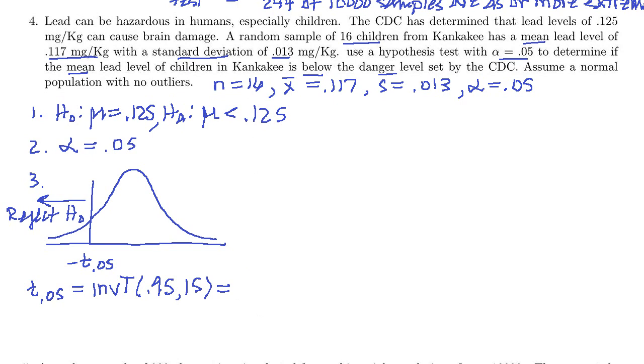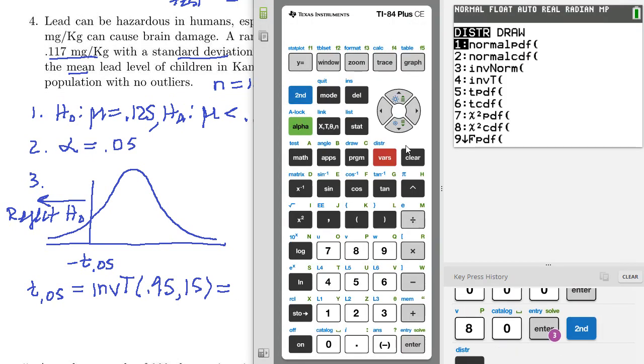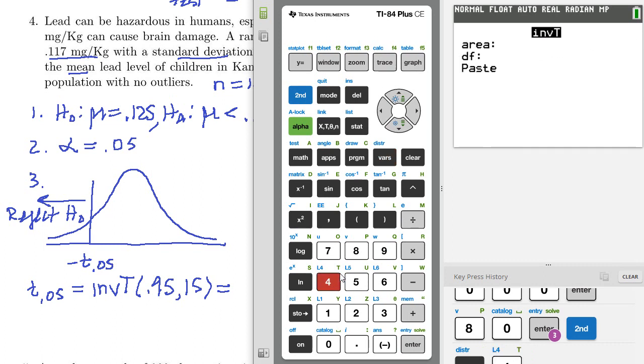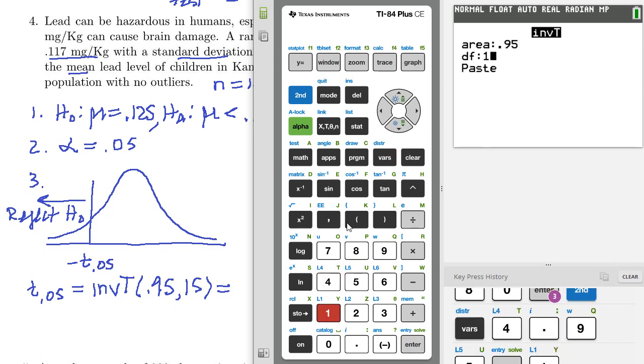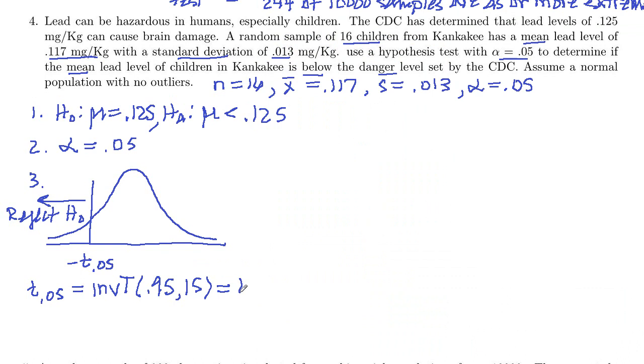So let's go ahead and compute that. So second variables, inverse T is number 4. Our left area, 0.95, degrees of freedom, 15. Paste it, 1.75.